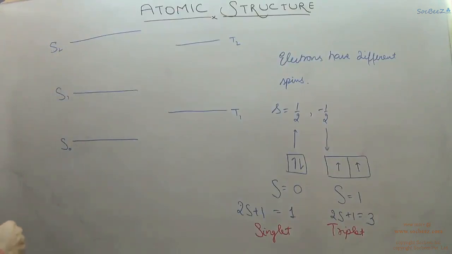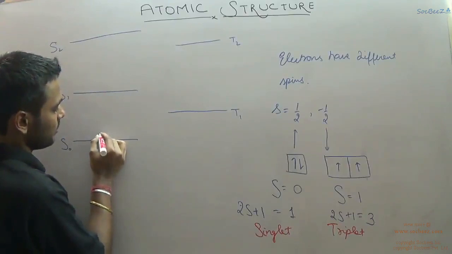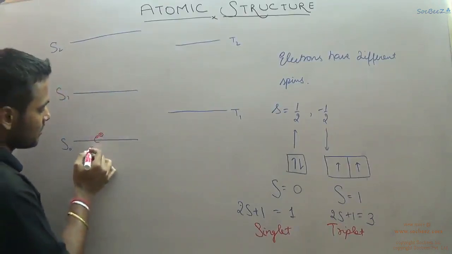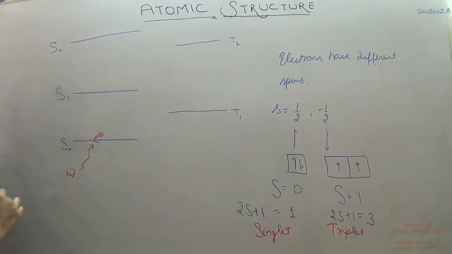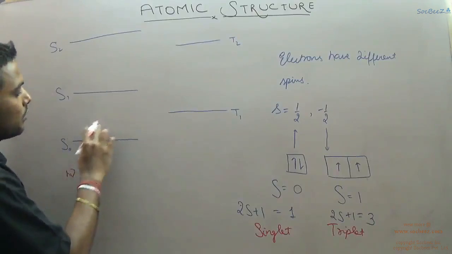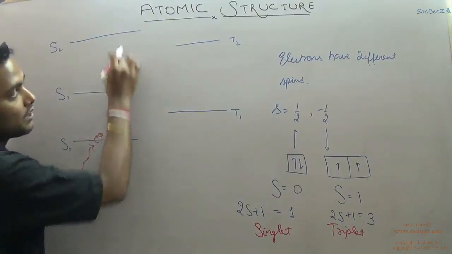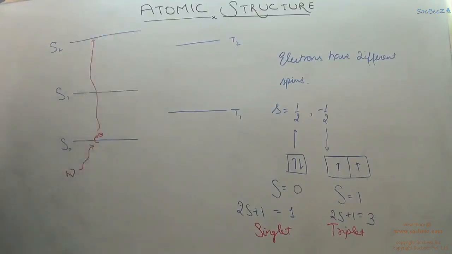Here, if an electron is at S0, and if some energy, h nu, is given, suppose the energy is sufficient, or equal to delta E1 plus delta E2, then the electron will shift to S2. It will make a jump from S0 to S2.